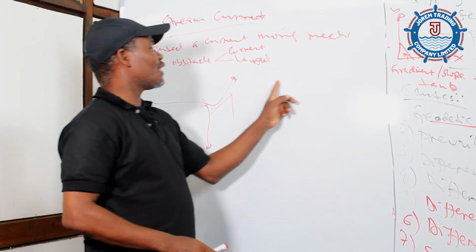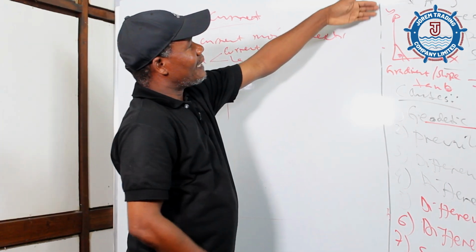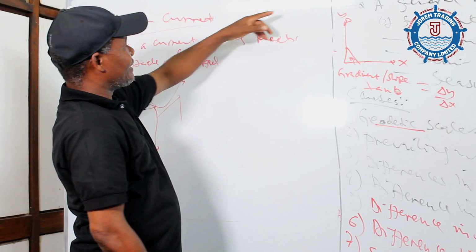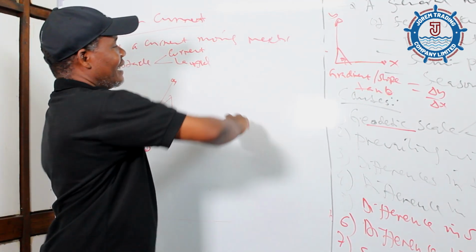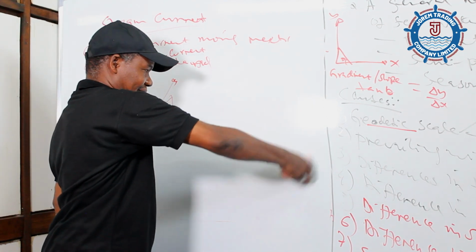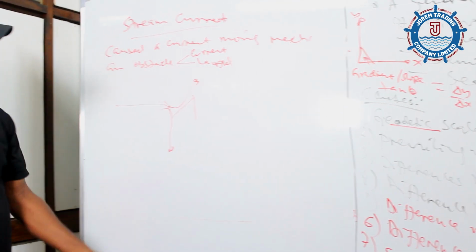And this Gulf Stream will continue. Upon meeting with the Canary Current and the Portugal Current, it will split again, forming the North Atlantic Current and another current coming downwards on the west coast of Africa.